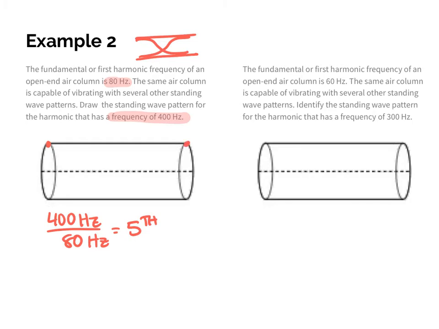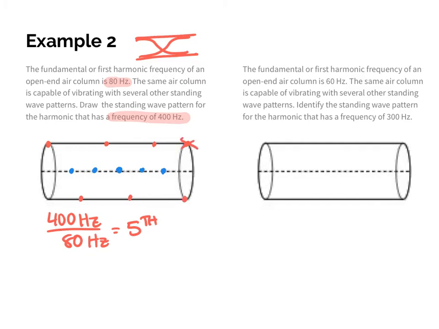Now, what we talked about in the previous slide is that the number of nodes is going to equal the harmonic we're at. So if I'm on the 5th harmonic, that means that within this air column, I want 1, 2, 3, 4, 5 nodes. And then again, between every node, you have an antinode. So I'd have an antinode, antinode, antinode, antinode, and then this one should be down there, not up top.